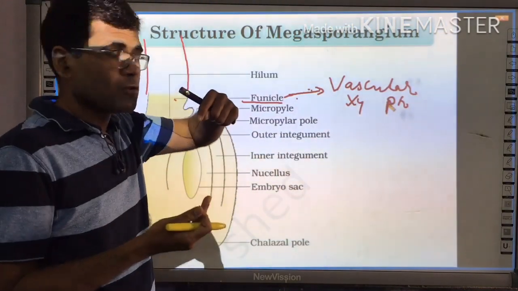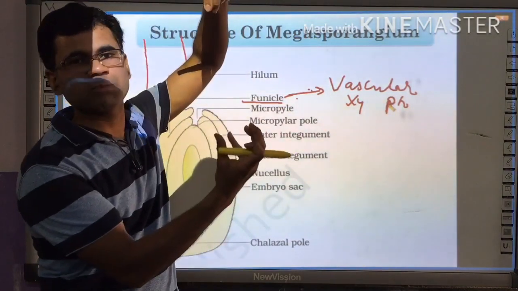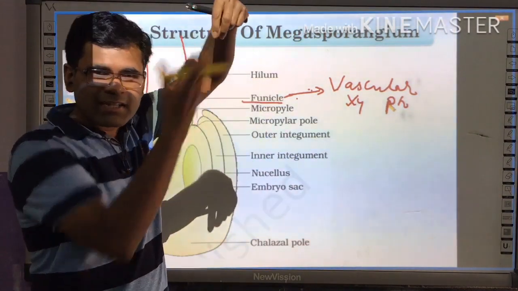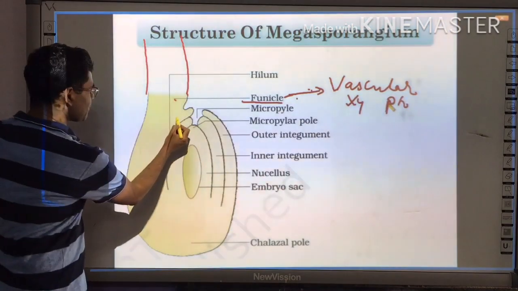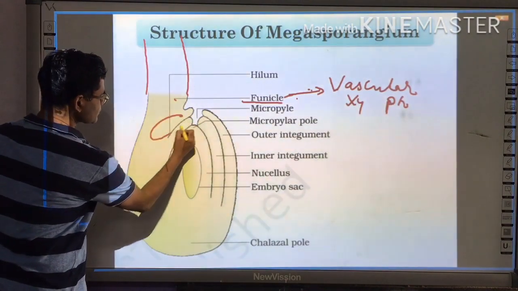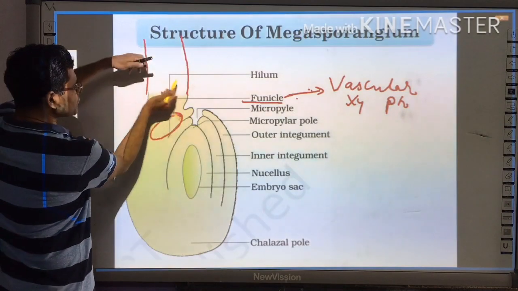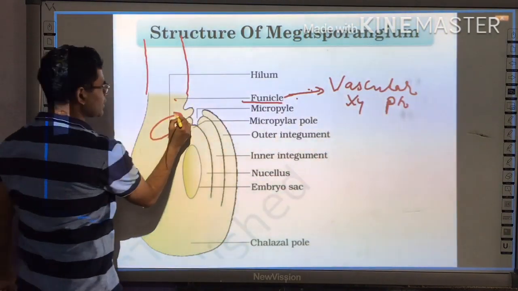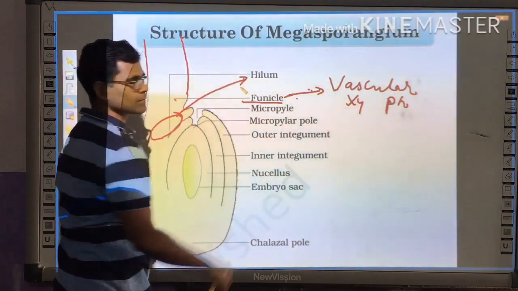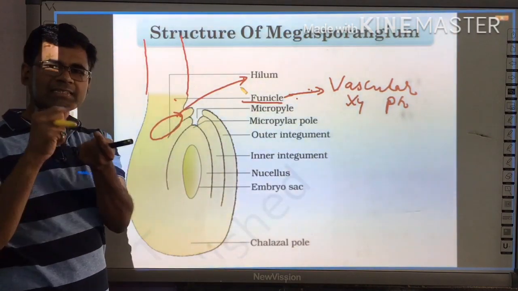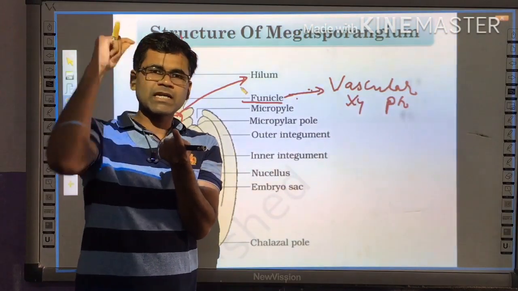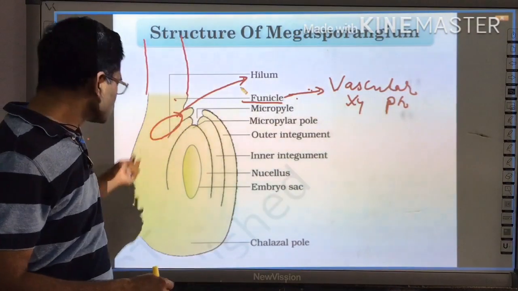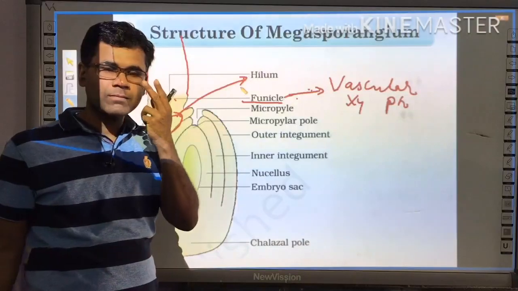The point where the funicle connects to the ovule, as you can see at this point, is called the hilum. So the hilum acts as a connecting point which connects the funicle to the ovule.